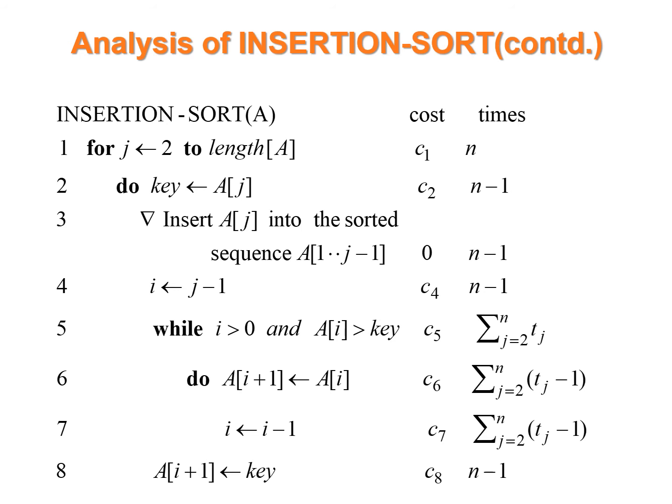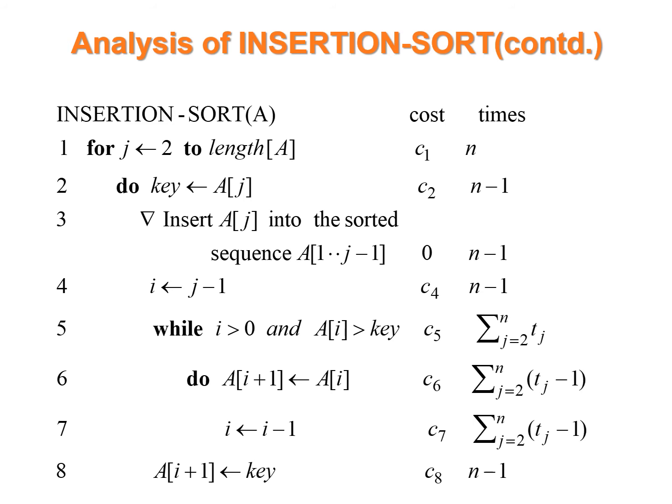Step 4, i equals j minus 1: cost C4 times n minus 1. Step 5, while i is greater than 0 and A of i is greater than key: cost C5 times the summation of t j from j equals 2 to n.